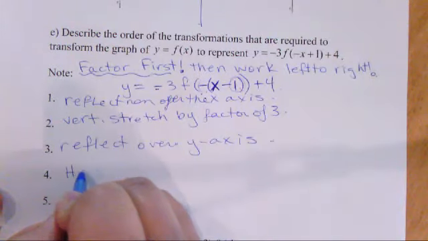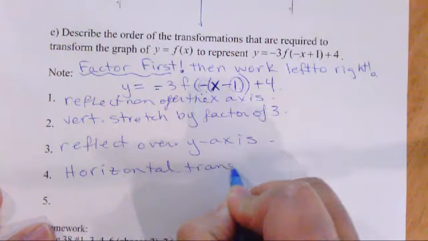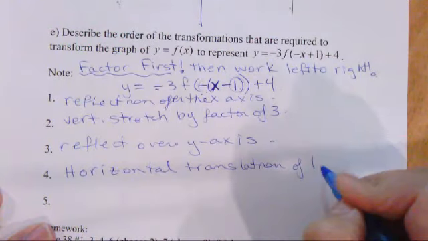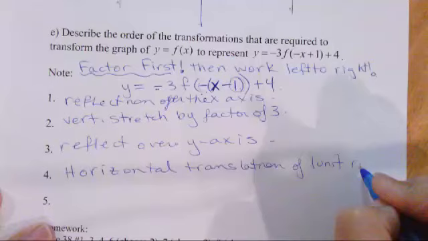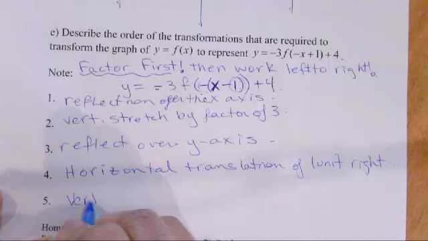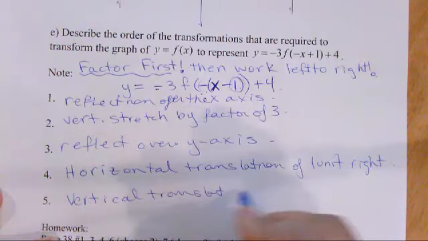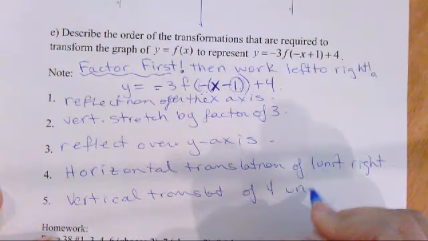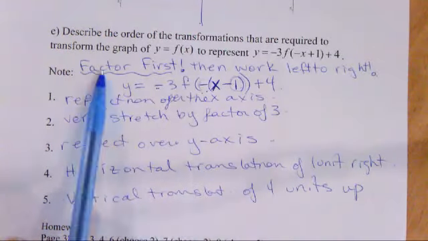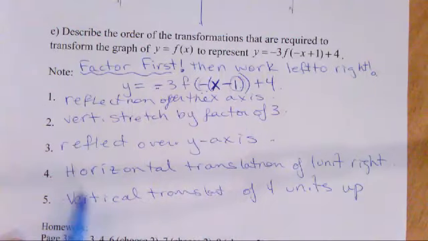That is a horizontal translation of 1 unit to the right. And finally, we have a vertical translation of 4 units up. All right, so remember, factor first, and then you can simply go left to right and list them in order.